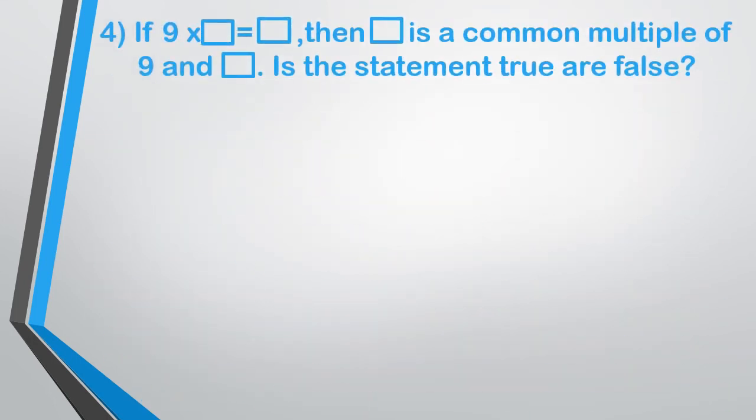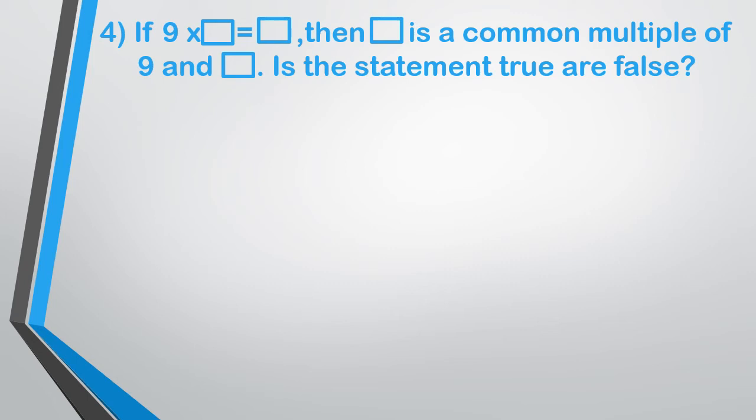Then the next sum. If 9 into dash is equal to dash, then dash is a common multiple of 9 and dash. Is the statement true or false? Here they have given 9 into dash. That means you can put any number here.